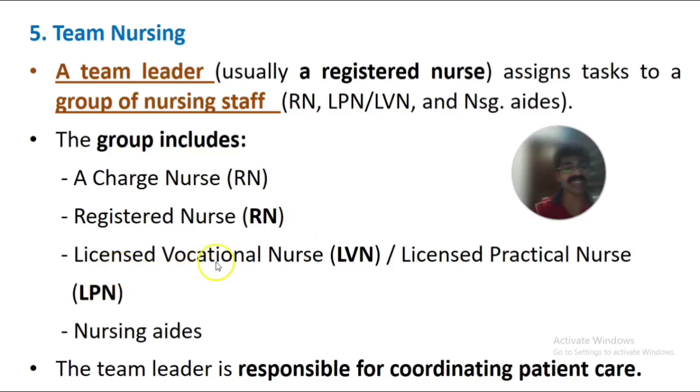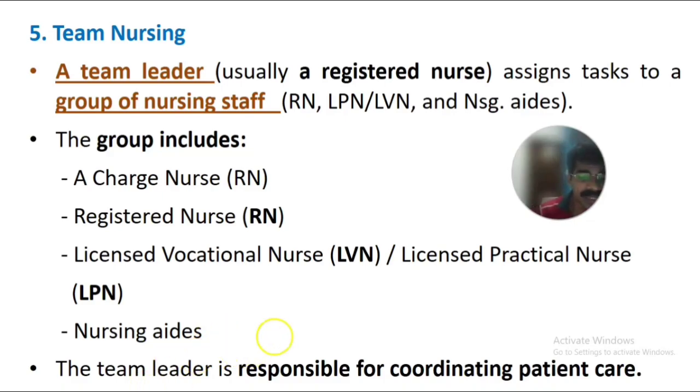Then we have licensed vocational nurses or licensed practical nurses. Then we have assistance from nursing aides or nursing assistants. So the charge nurse, that is the team leader, registered nurses, other supportive nurses like LVN and LPN, then nursing assistants, that is nursing aides, all come in a group under team nursing.